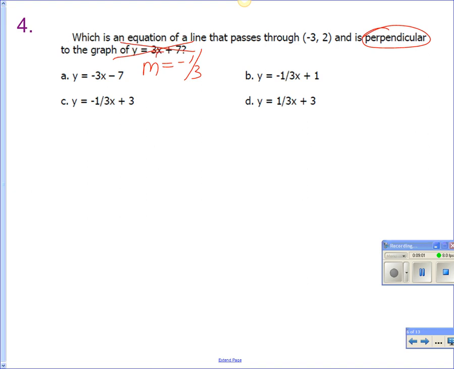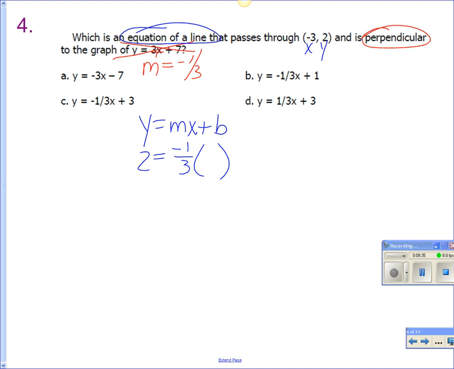All right, Gracie, what's something else I should circle? Good. Tamara, what's the formula for equation of a line? Good job. All right, Zaria, what's going to go in for y? 2. Very good. 2. Dylan, what goes in for m? Ethan H, what goes in for x?